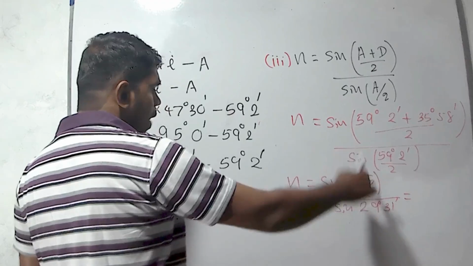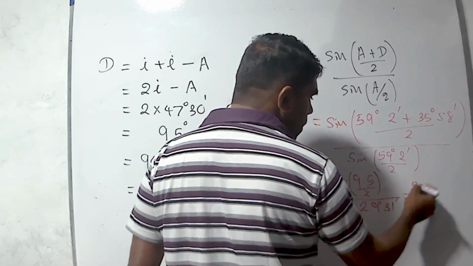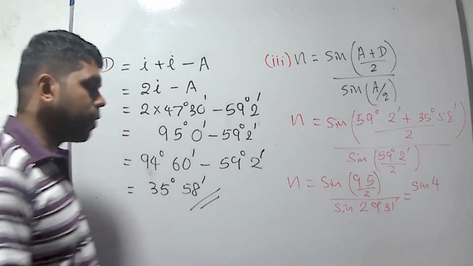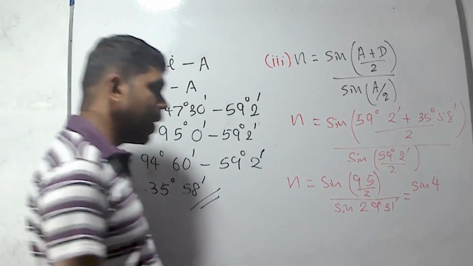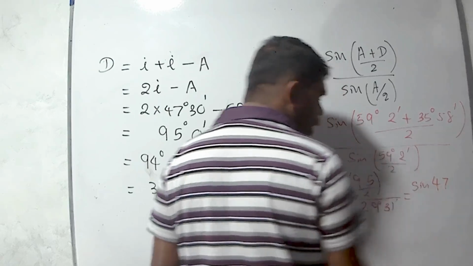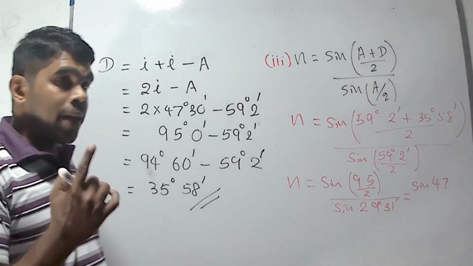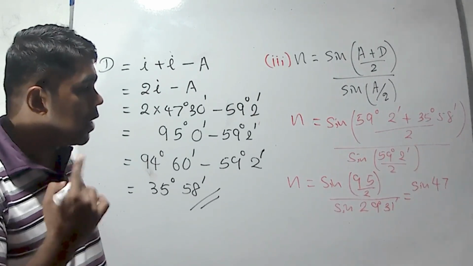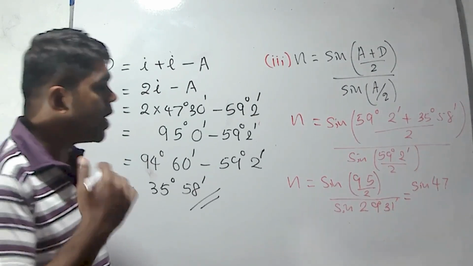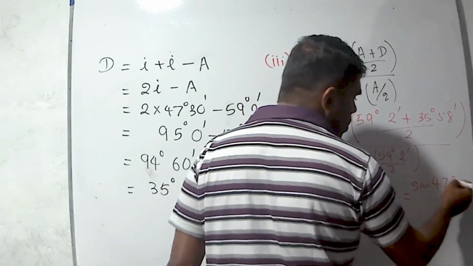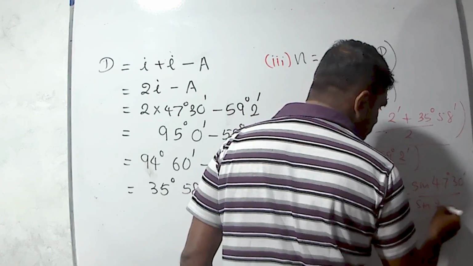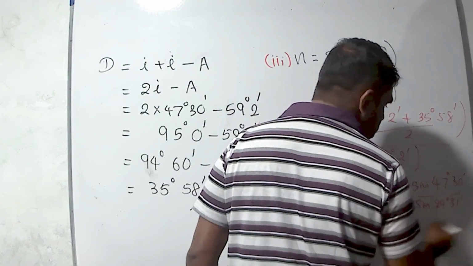Then 95 divided by 2, 9 divided by 2, 4, 1 remaining, 15 divided by 2, 7, 1 remaining, it is 1 degree, we can get it as 30 minutes, 60 minutes divided by 2, 30 minutes. Divided by sin 29 degrees and 31 minutes.